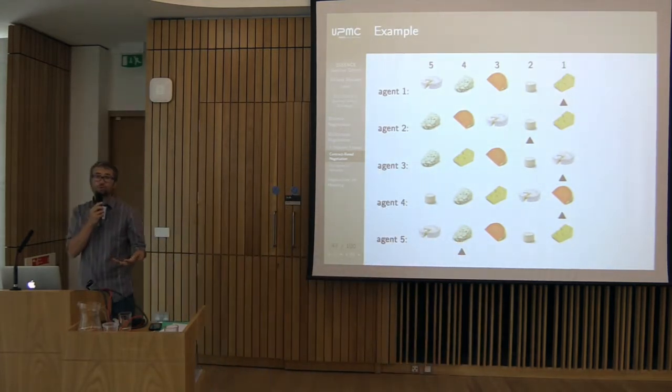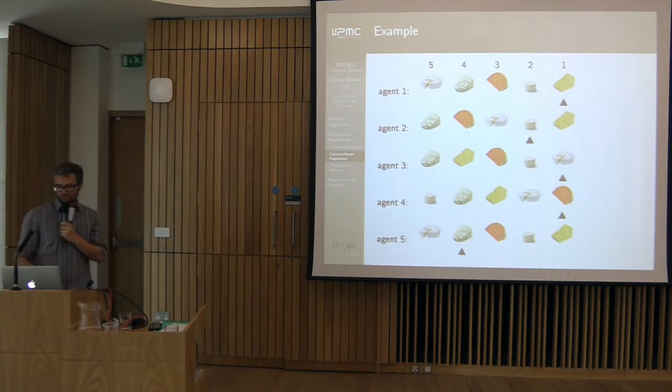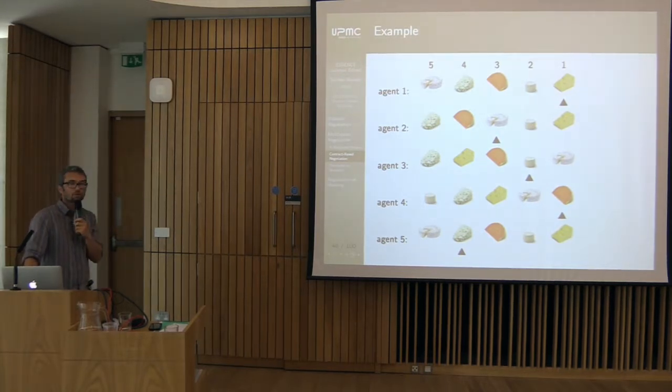This is a mutually improving move for both of us. So that's the first step of the negotiation. That's a contract involving two agents. They swap their cheese, and they are better off. So that's obviously a Pareto improvement.